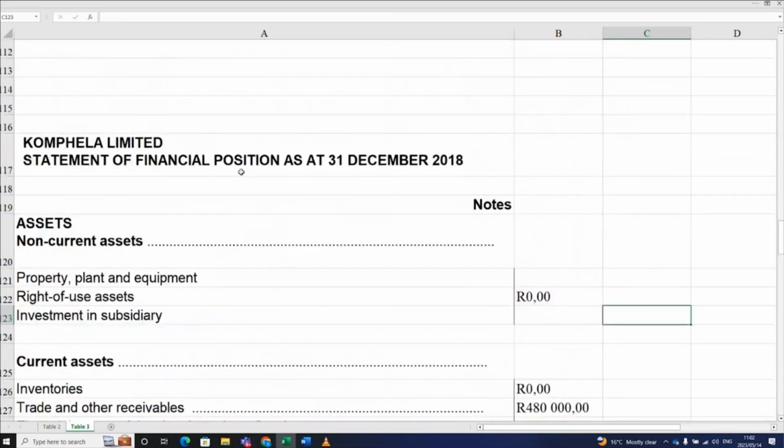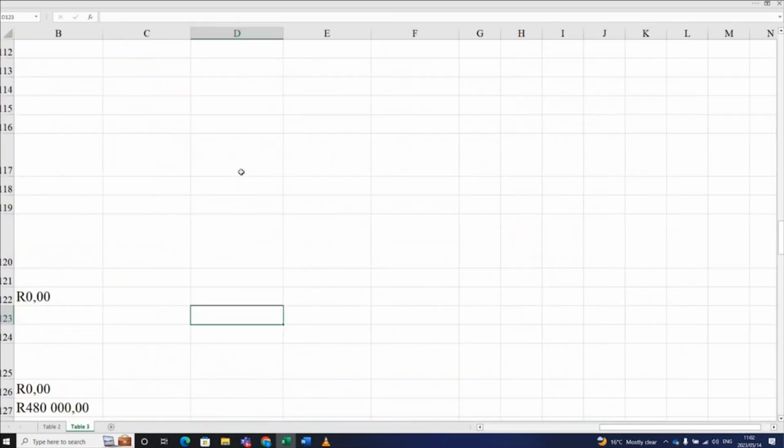From your group statements module, when you have a loan in a sub, depending on the duration of when it's due, you will have it either under current or non-current assets. But this one is due in over 2 years, so you'll have it under non-current assets.